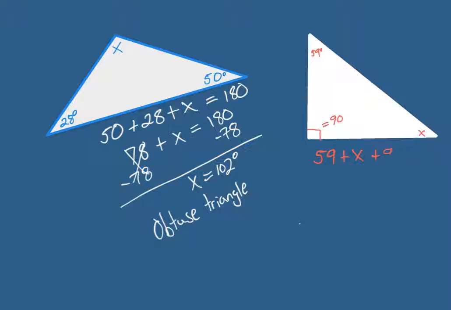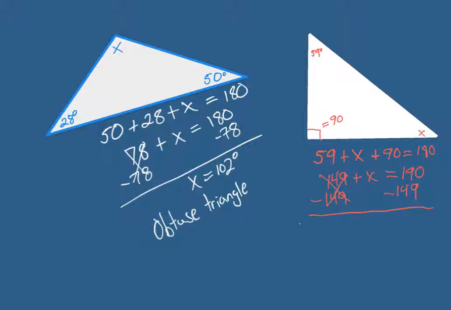So now we can plug that in, and we can use that to solve for x. I'm going to do 90 plus 59, and I'm going to get 149 plus x is equal to 180. Then I'm going to subtract 149, subtract 149.